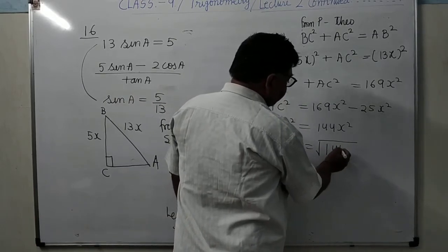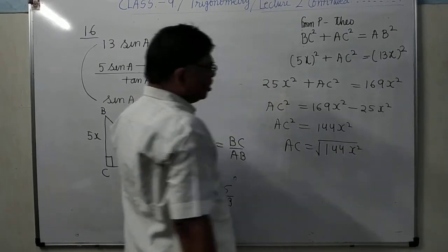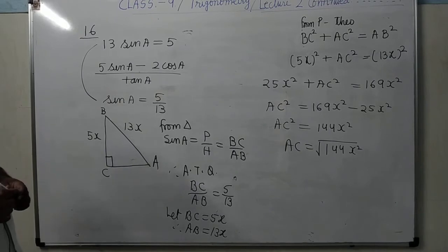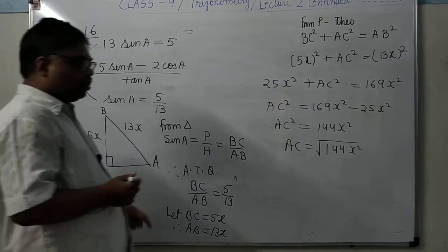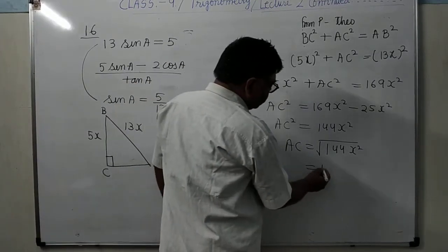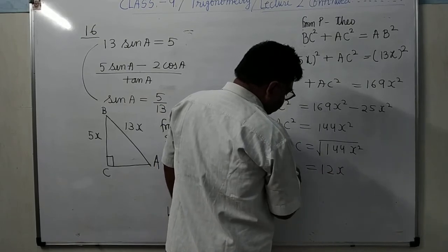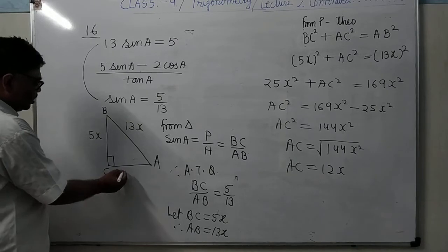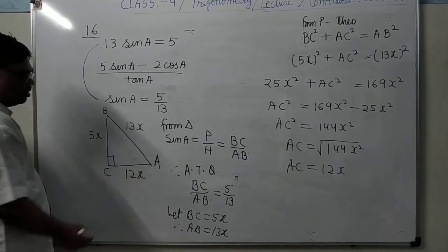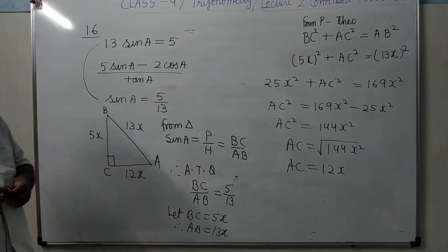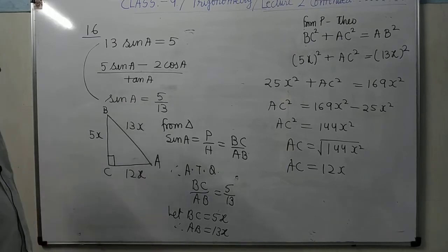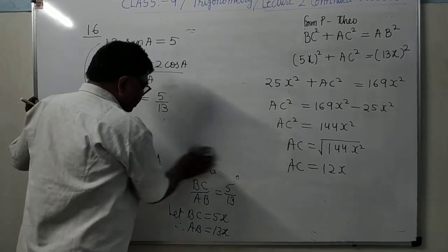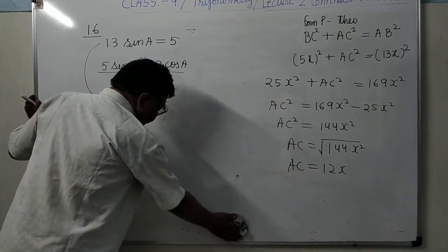Square root of 144x square. What is the square root of 144? It is 12. So AC equals 12x. So you write down here, it is 12x.